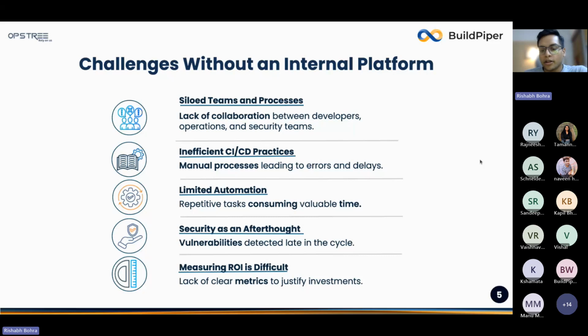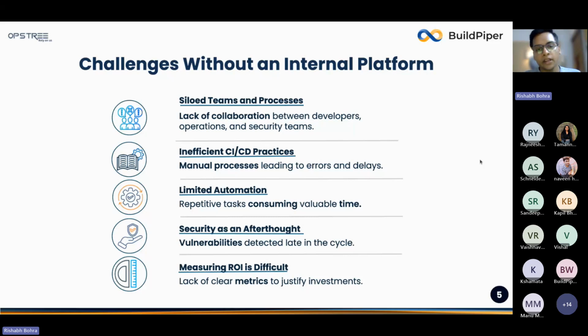Finally, measuring the return on investment is difficult, because if you're using a different number of tools, you also need to manage and create the KPIs and SLAs around those tools which are being managed by different teams, so that these systems are up and running and you don't have to compromise on or tackle downtimes, etc. So again, it is very complex to have these KPIs defined for different tools that you might be using as part of the standard CI and CD workflow.